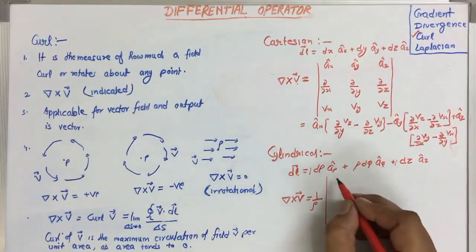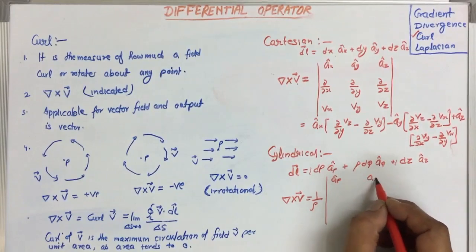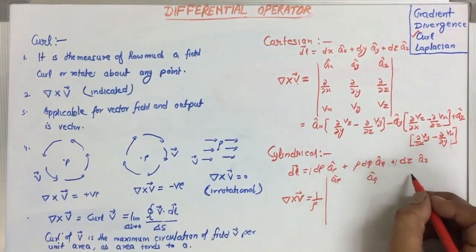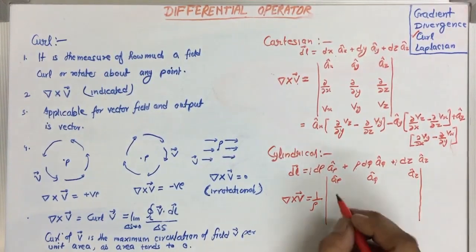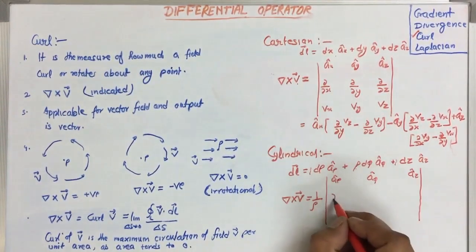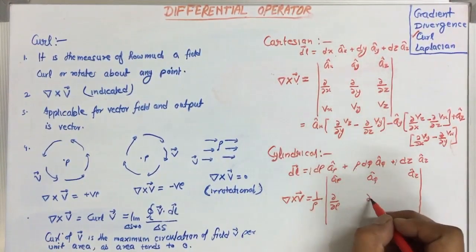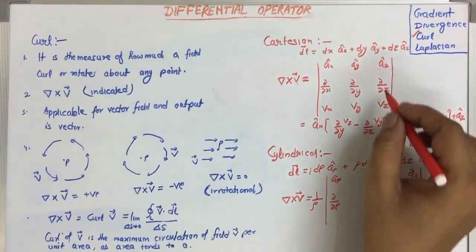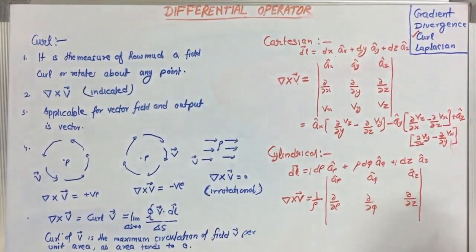Here the unit vectors are a rho, the second unit vector is a phi, the third unit vector is az. Write as it is, like del over del rho, del over del phi, del over del z, as we have done in the case of Cartesian coordinate system.